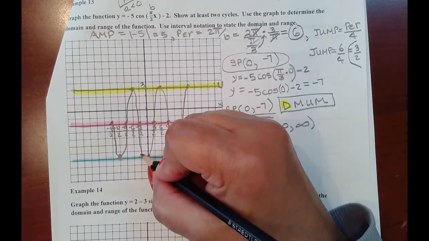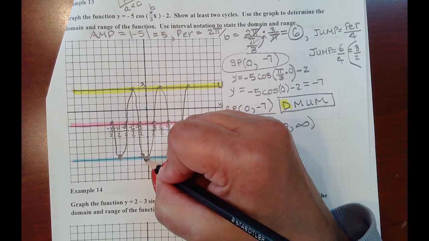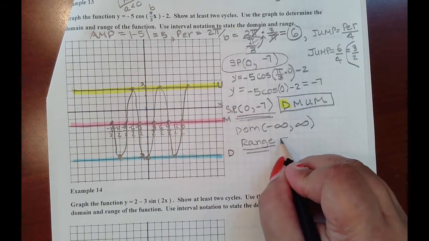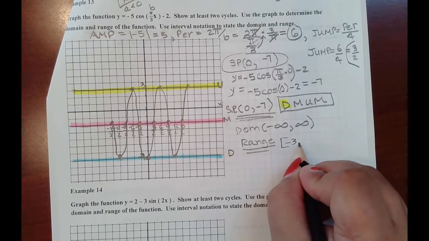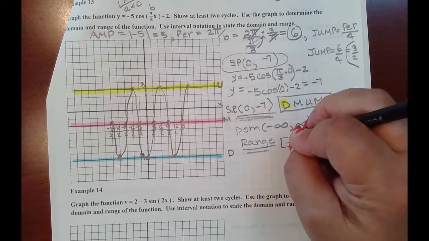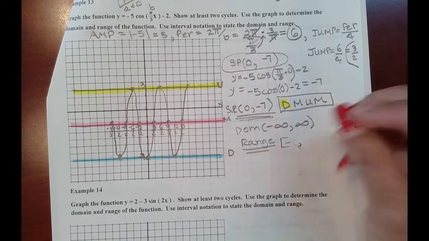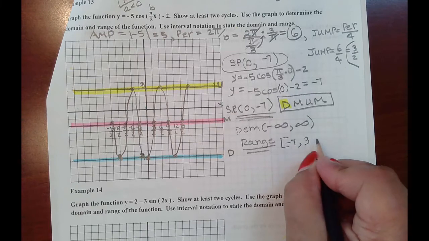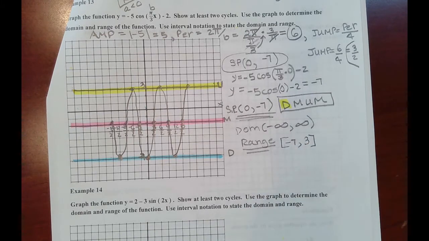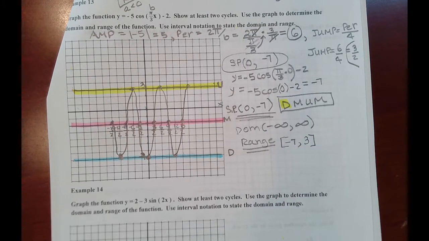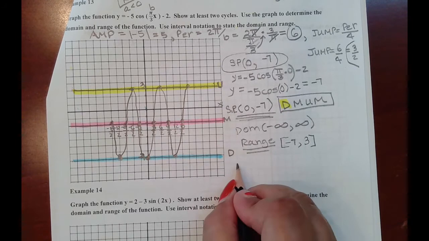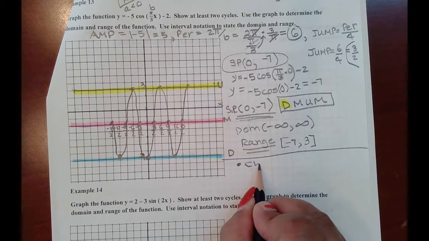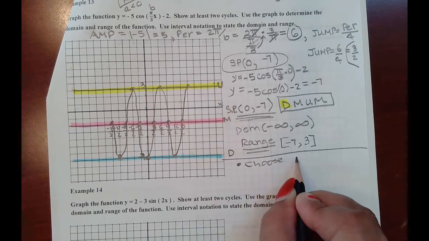Okay, so it goes as low as -7 where we plotted that start point, but as high as 3. Oops, got it backwards. As low as -7 and as high as 3. That's for the range. Okay, so if you're doing it in MyLab Math, you would choose the cosine tool.